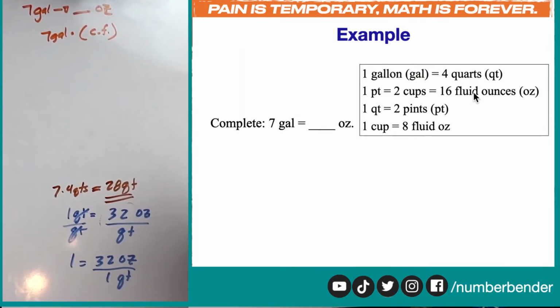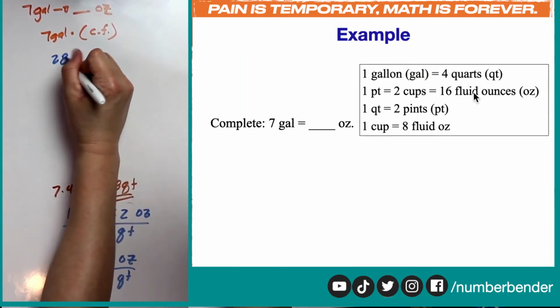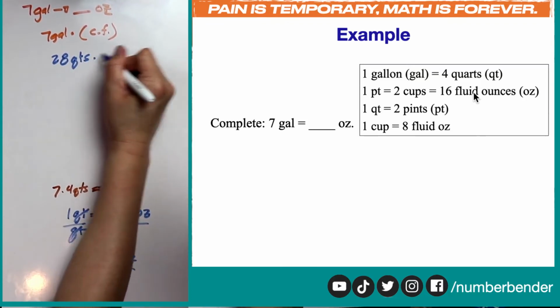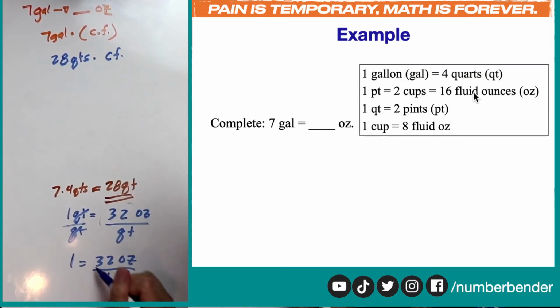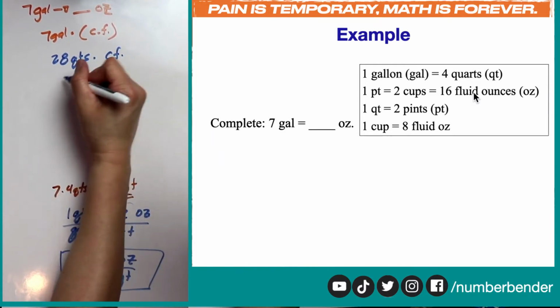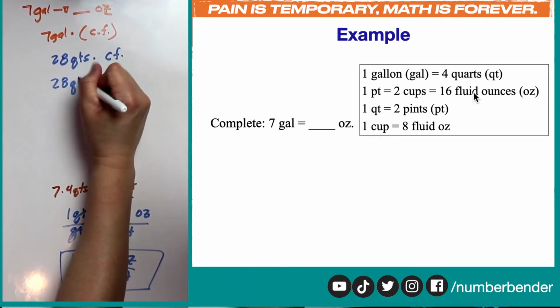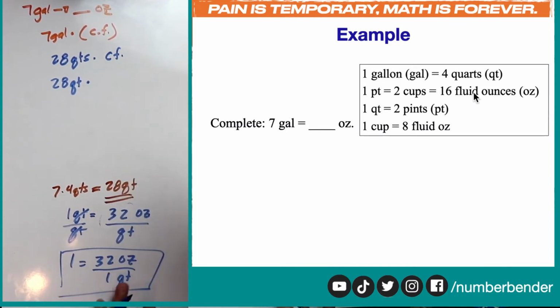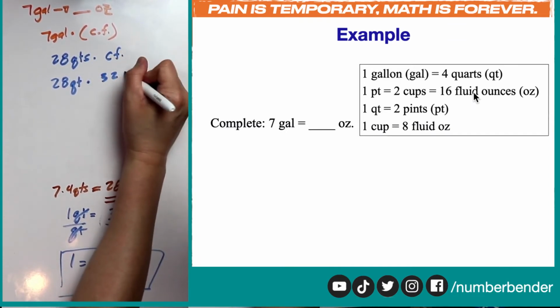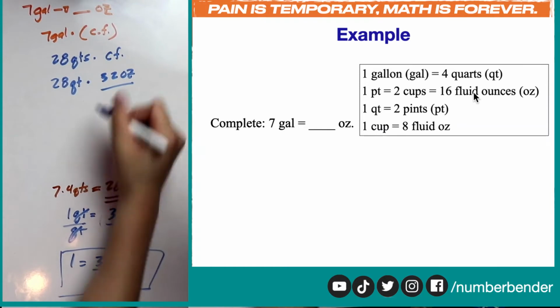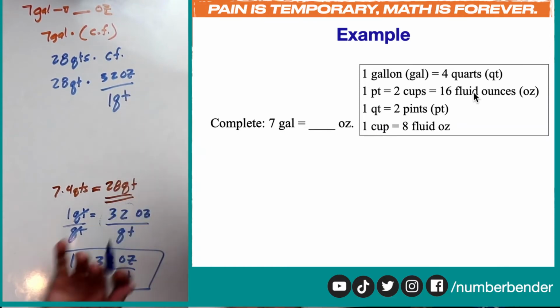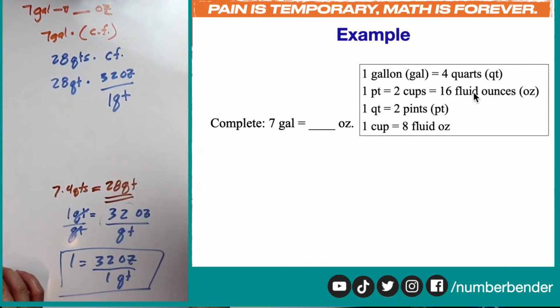And we know that we're going to multiply 28 quarts by its conversion factor, and our conversion factor is this fraction right here. So we'll have 28 quarts multiplied by 32 ounces all over 1 quart. And from here, do we need to reciprocate our conversion factor?